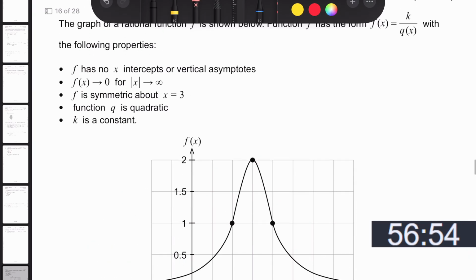No x-intercepts or vertical asymptotes, so q never equals 0.